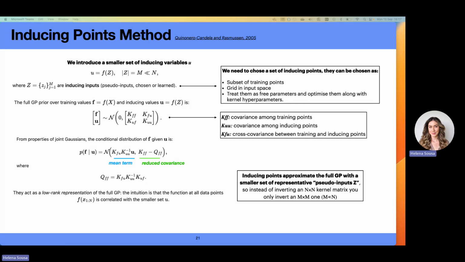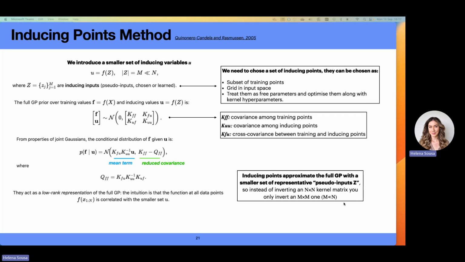We just need to invert one that has size m by m, where m is the number of inducing points that we chose, which is typically much smaller than our full n. So that's the overall intuition behind these inducing points.